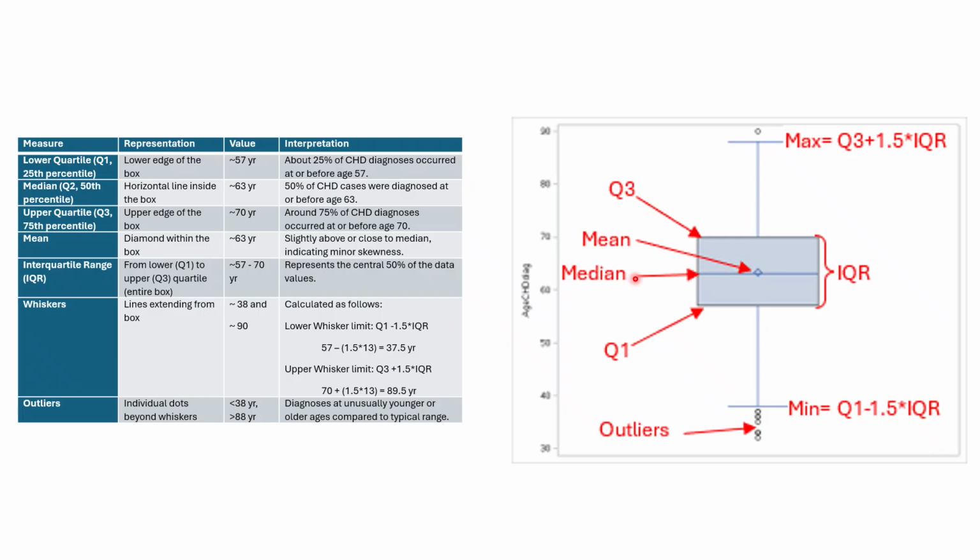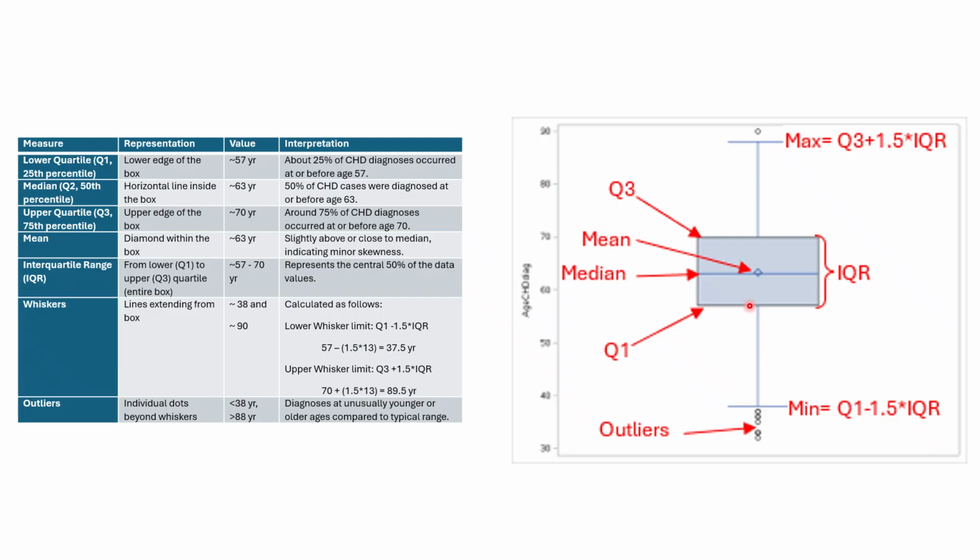So mean and median in this case are the same. We see that the median line is almost hugging or approximating with the mean. So that is a good thing, means that mean and median both are good representatives of the center of the age chronic heart disease variable.